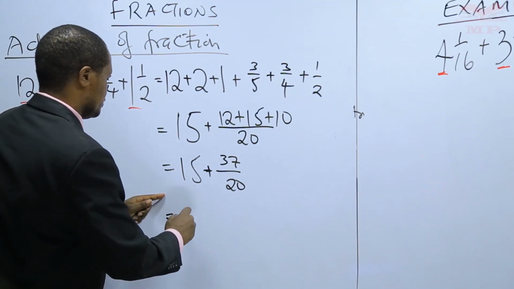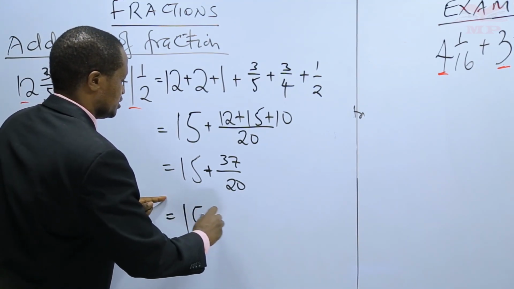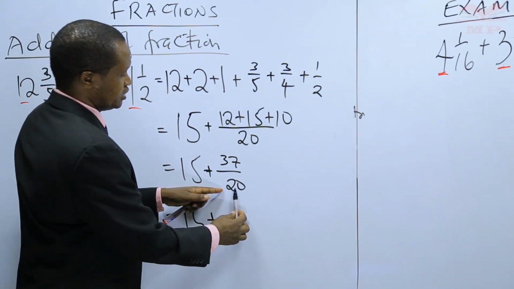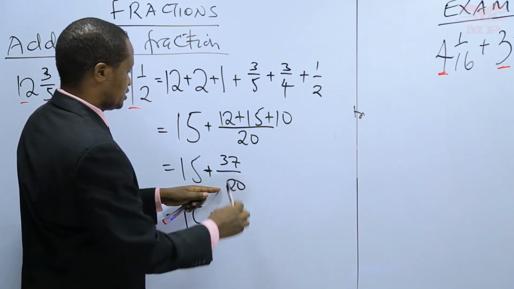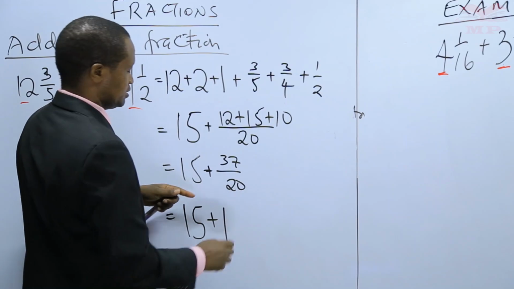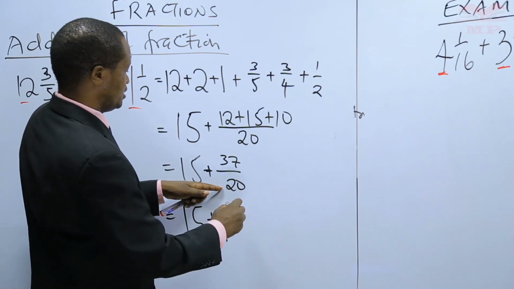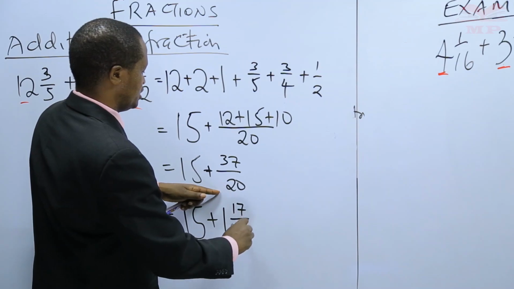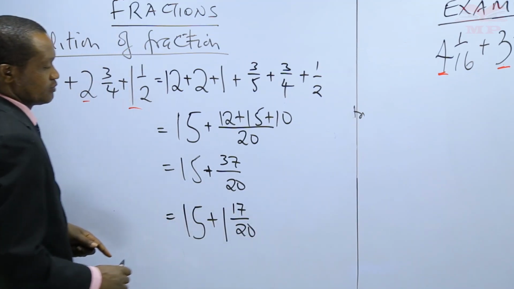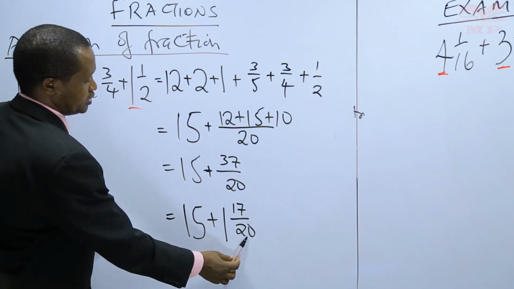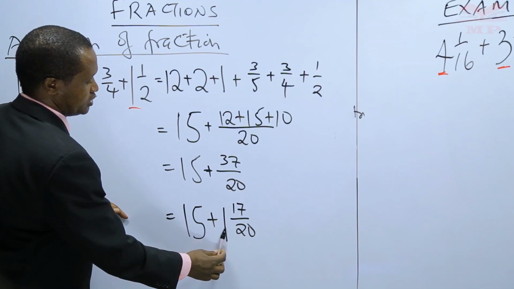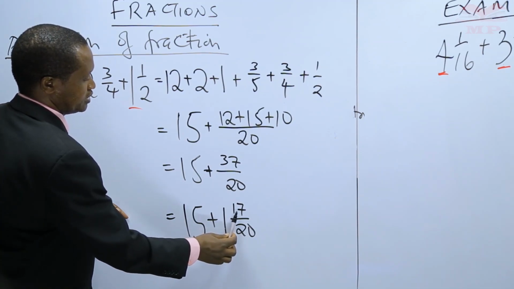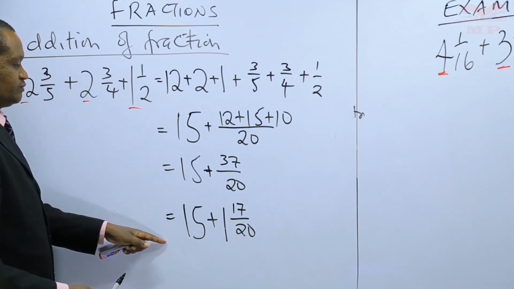This will be equal to 15 plus, 20 goes into 37 once. Remainder is 17 over 20. 20 times 1 is 20 plus 17, 37 over 20.